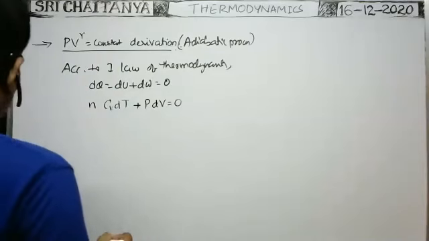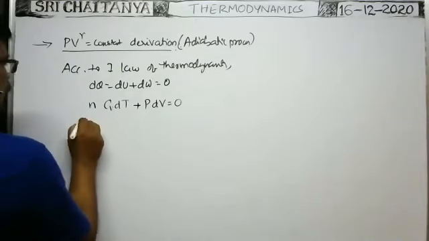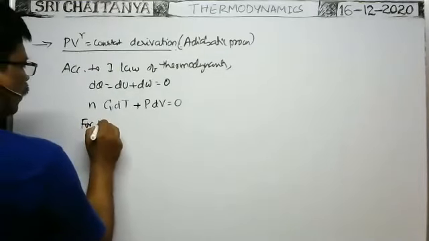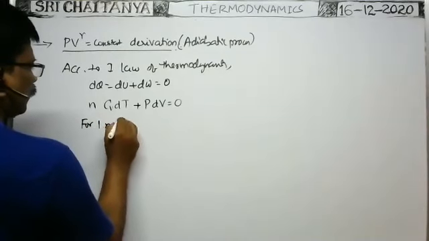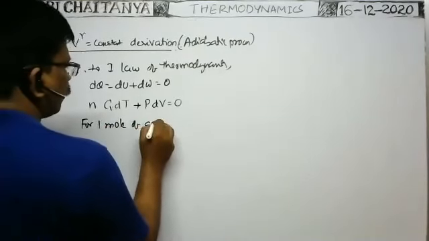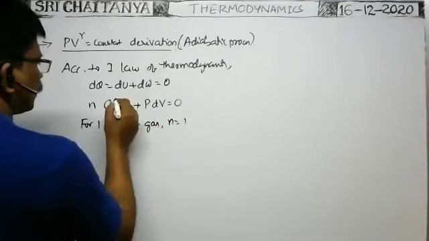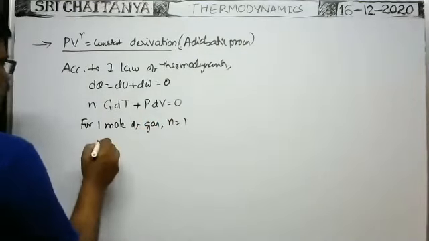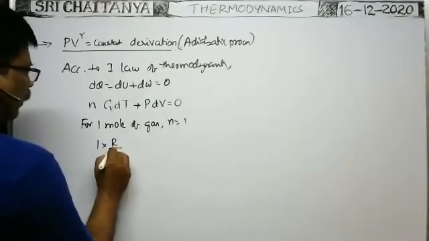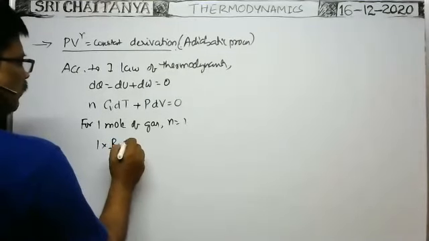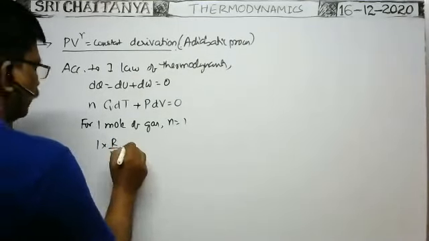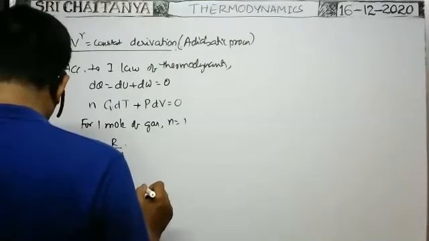Therefore, for 1 mole of gas, n is equal to 1. Now we substitute here: Cv we can write as R by gamma minus 1, no? Cv is equal to R by gamma minus 1, into dT, the change in temperature.